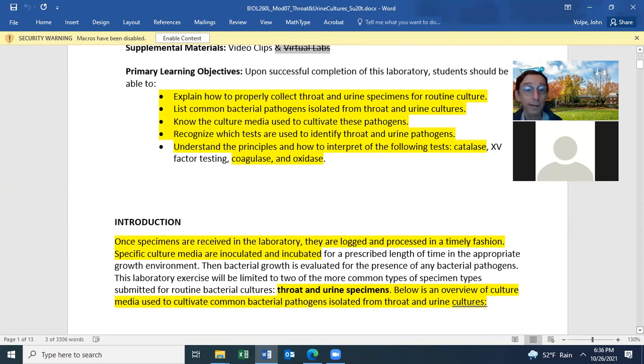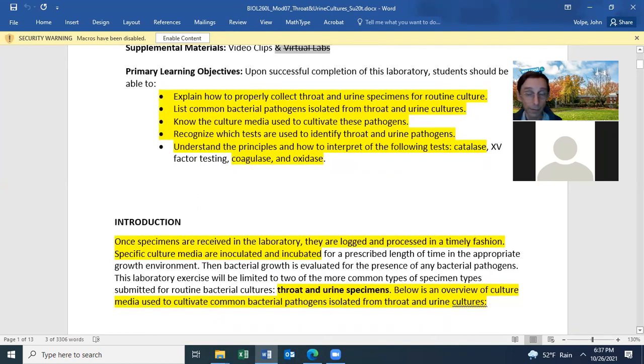The learning objectives for this lab: once you finish, you should be able to explain how to properly collect throat and urine specimens for routine culture, be able to list common bacterial pathogens that are isolated from the throat and also from urine cultures, know the different culture media we use to cultivate these pathogens, be able to recognize which tests are used to identify throat and urine pathogens, and understand the principles and how to interpret the following tests.